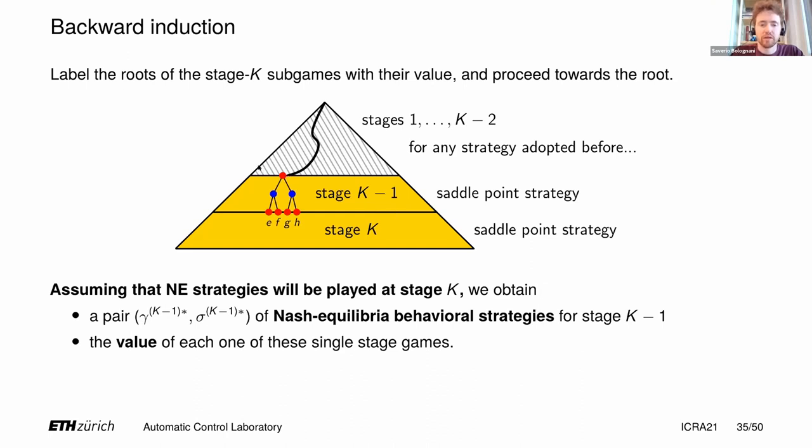What does it mean to solve this subgame here? It means that I'm finding a best strategy for stage K-1. It's a Nash equilibrium, and this is assuming that, of course, from now on I'm going to play optimally. But you're going to solve it independently for all possible subgames at stage K-1.